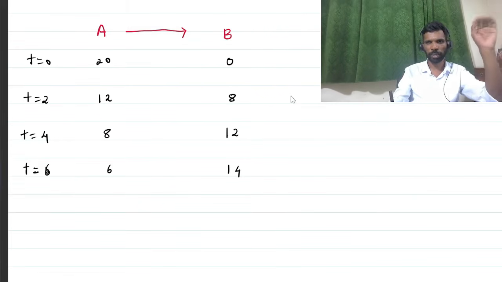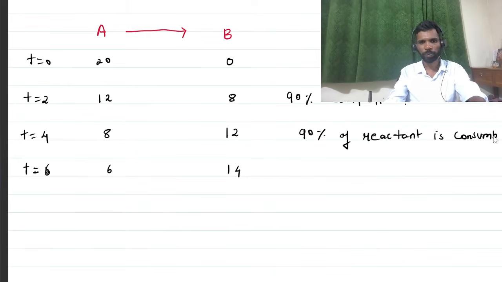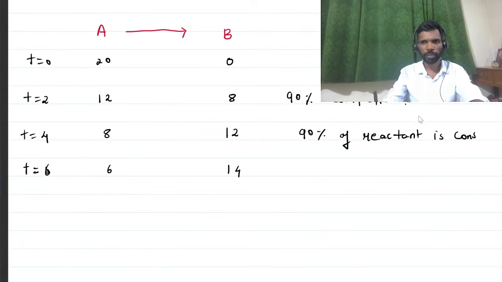Whenever we say 90% or any percent completion, it means 90% of the reactant is consumed and converted to product. 90% of the reactant is consumed means just 10% of the reactant at that time is remaining.